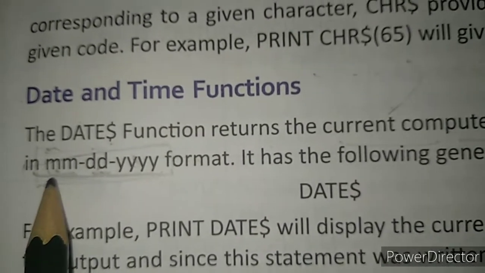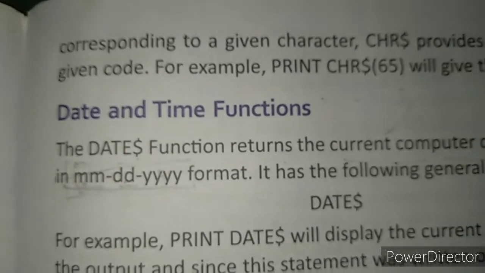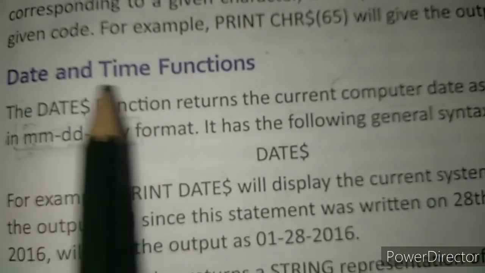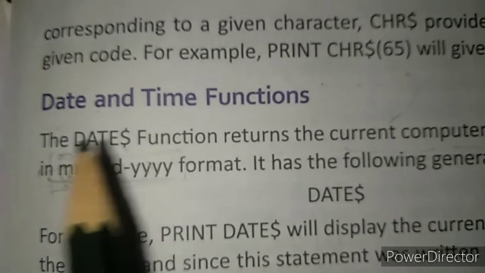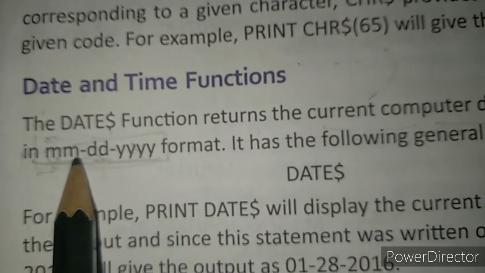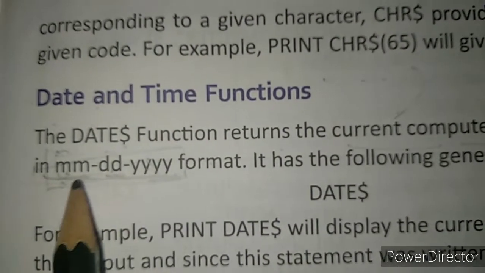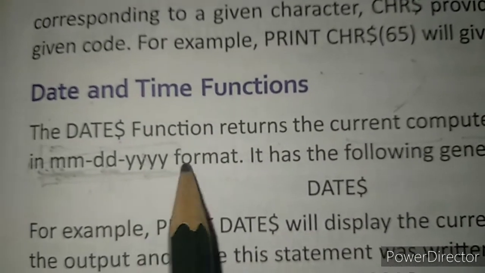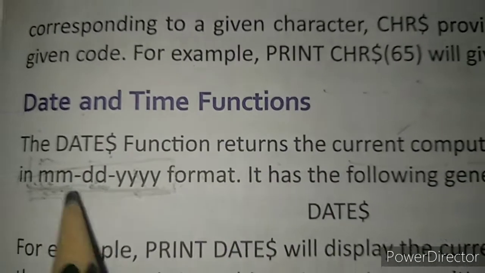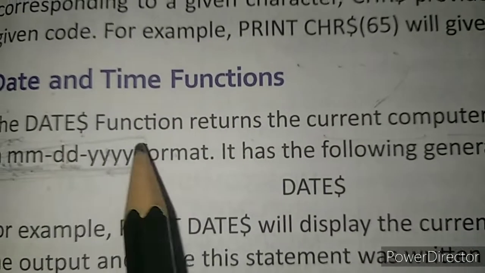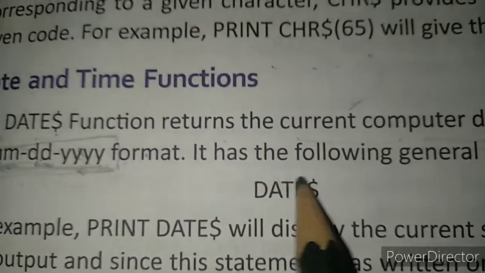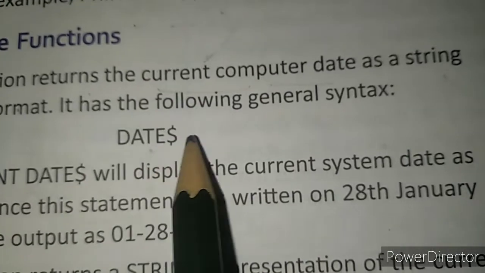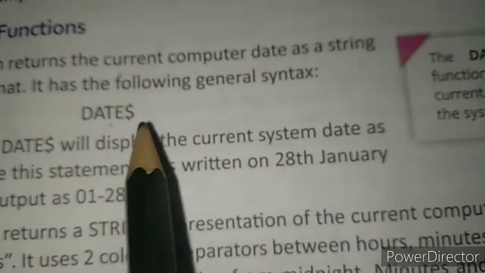You should keep this format in mind: month, day, and year, right? So 2 digits for month, 2 digits for day, and 4 digits for year. It has the following general syntax: DATE$, right?